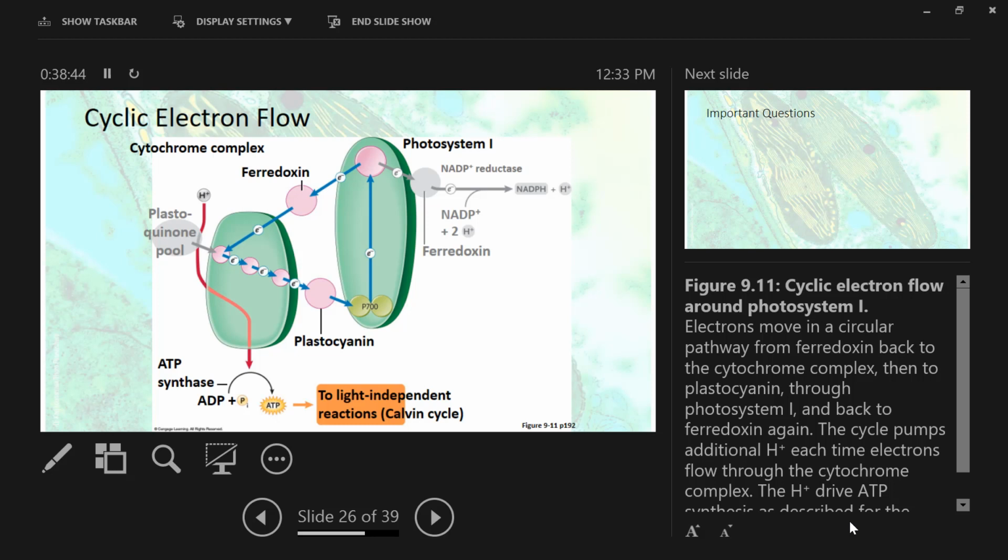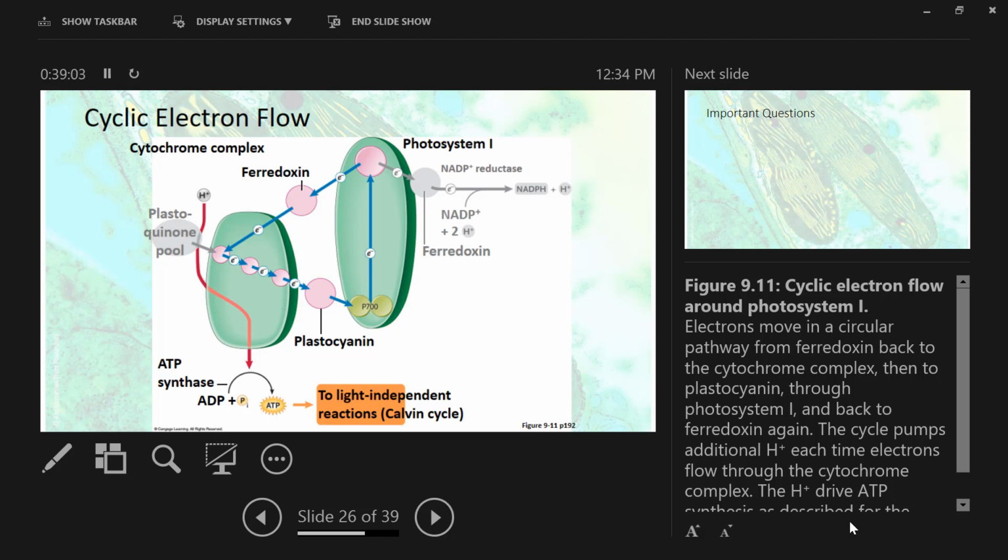And so when the electrons get excited in photosystem 1 and they pass from this primary acceptor to ferredoxin, they don't go to NADP+. You see that? Which means the plants without water cannot do photosynthesis, but they can keep making ATP.